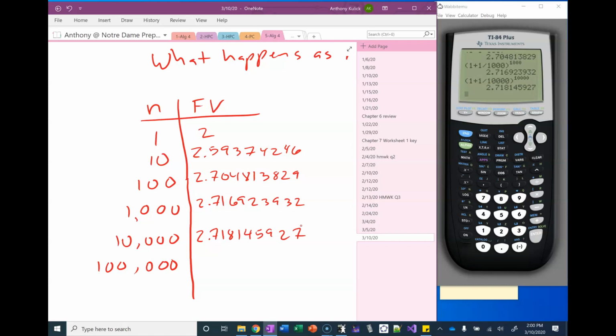Now, in the beginning, is FV getting larger by the same amount each time? No. Is the amount that FV is increasing getting bigger or smaller? The amount that FV is increasing is getting smaller at each step, right? Eventually, what do you think that amount is going to be when n gets to infinity? 0, right? So what we're going to say here is that FV is eventually going to stop changing as n gets large enough, right?